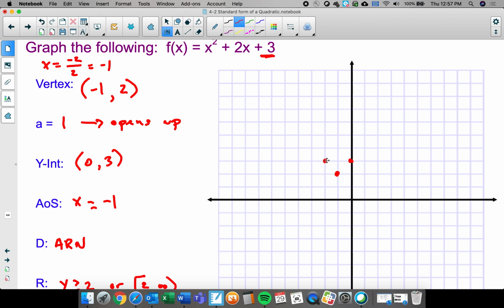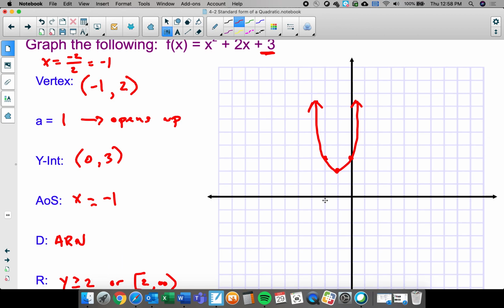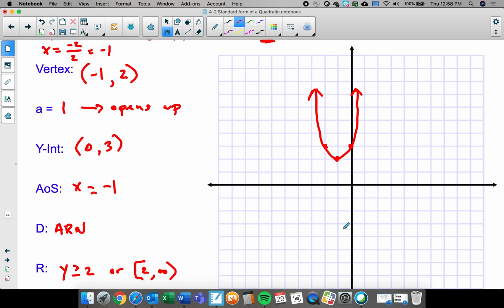So here is another point that I know is on the parabola. And then if we sketch that in, I've got the vertex, I use the a value, I've got the y-intercept, so I've kind of used all the information I have. And now the rest then for now, we can continue to sketch in. Okay? And so if you notice, we said before that the range was 2 and up. Well, there's your lowest point right there is 2, and everything goes up from there. So the range matches with the graph that we're talking about.